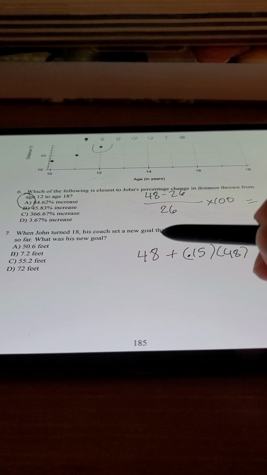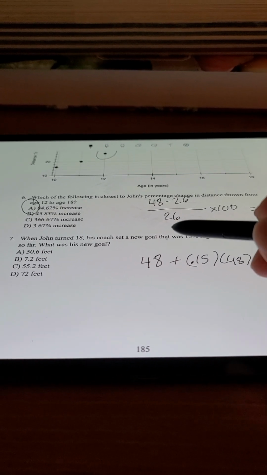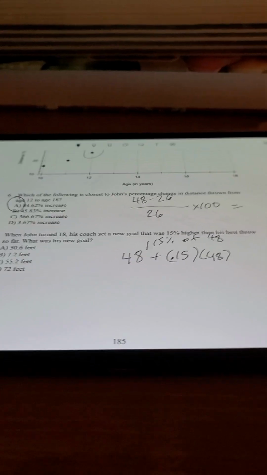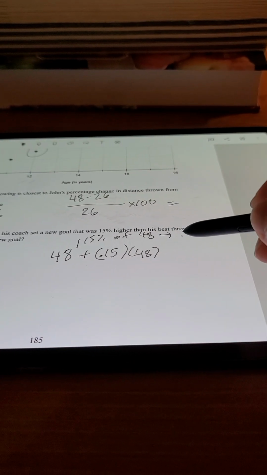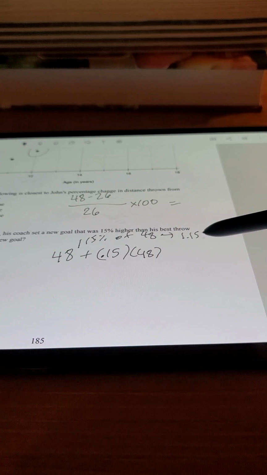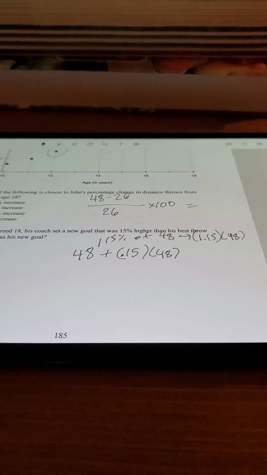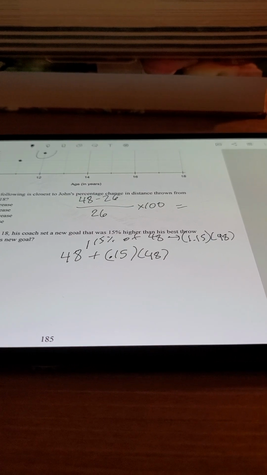So that means I need 115% of 48, and then you could just skip to multiplying 1.15, because you move the decimal over by 2, by 48. Both of these are correct, and they'll get you the same exact answer.